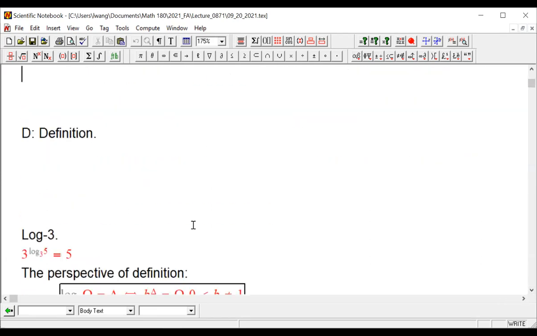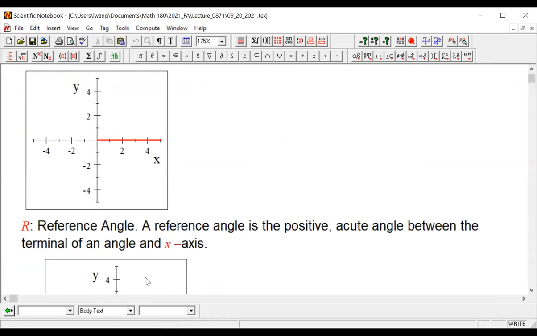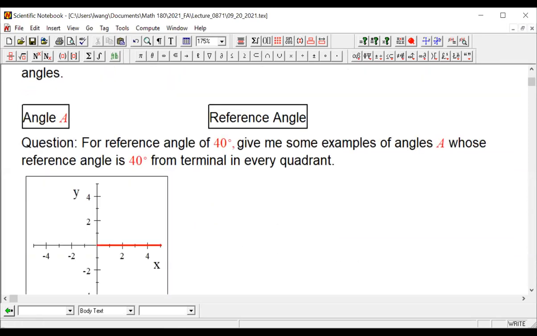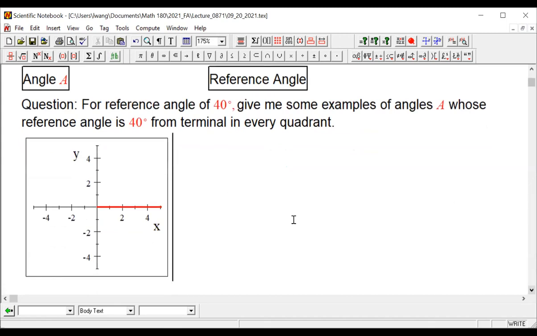All right, so I'm going to give you a picture to help you see this. The reference angle is 40 degree. You guys know? 40 degree. So from 40 degree reference angle, I'm going to use green. Suppose this is 40 degree reference angle.